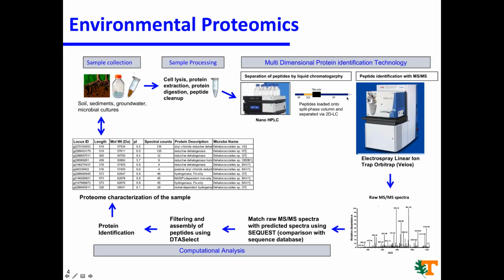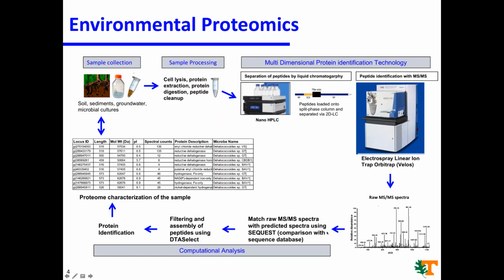And as they come out of the column of this liquid chromatography system, they are going into a high-end mass spectrometer. And this mass spectrometer sees every peptide that's going in it. So all the peptides from all the proteins in your sample are being analyzed. And you get a large amount of raw mass spec data.